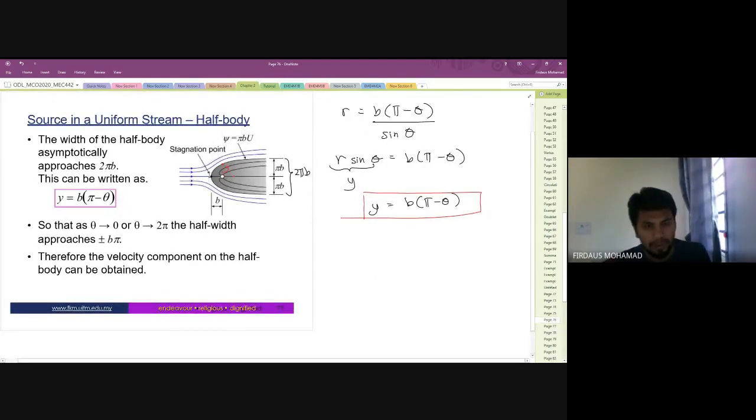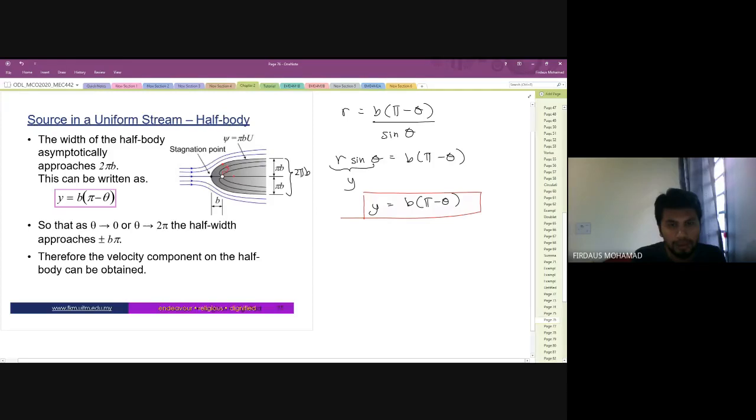You come up with a stagnation point, and then the width of your half body, which is pi b, from this point to this upper body, so it is pi b, and then also this pi b. So the total is 2 pi b. From the source point, so let's say this is source point to the stagnation point, the distance is b.